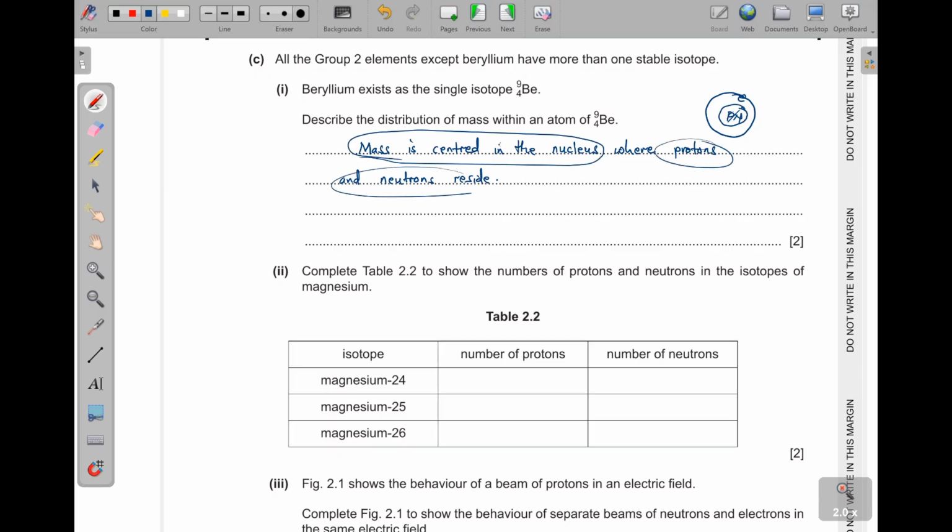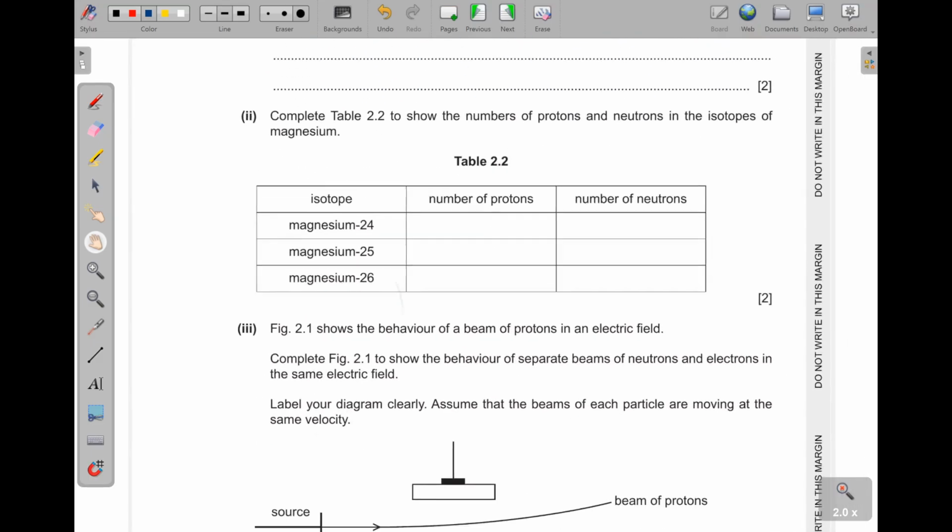Protons and neutrons. In fact, I can add on and say each has an average mass of 1.